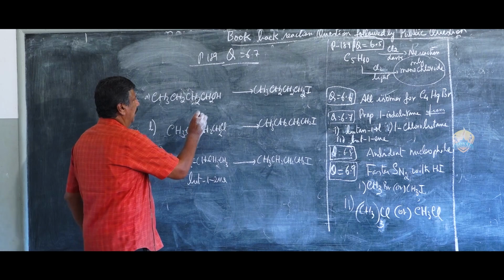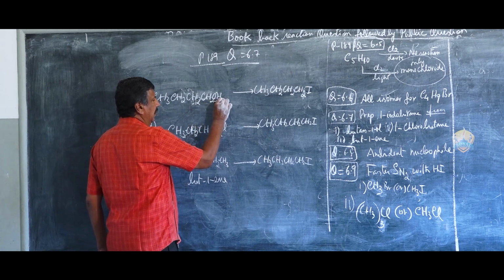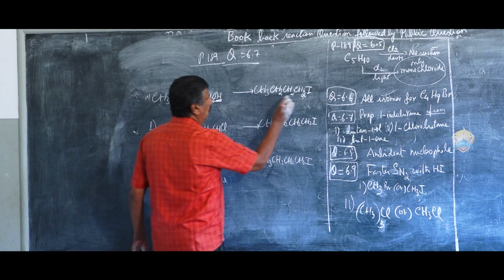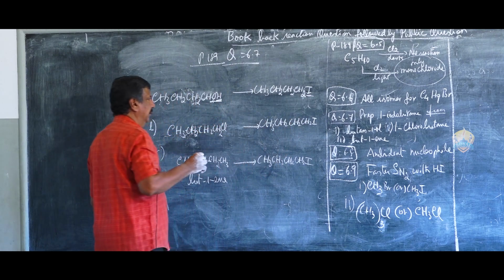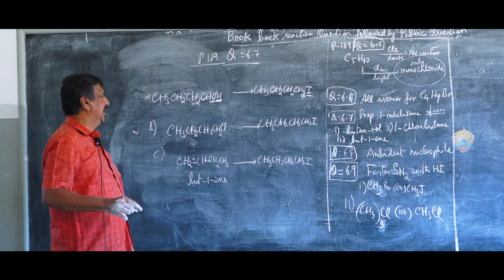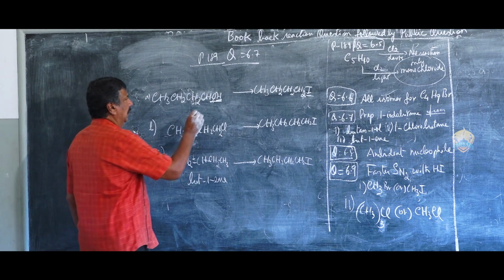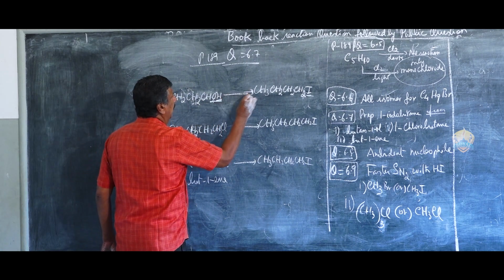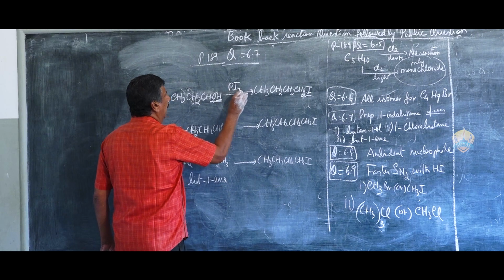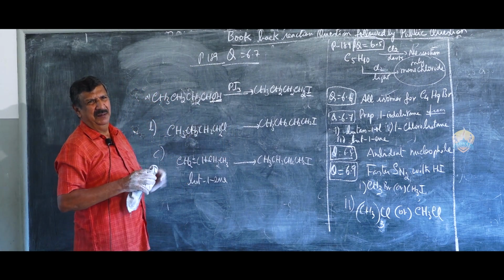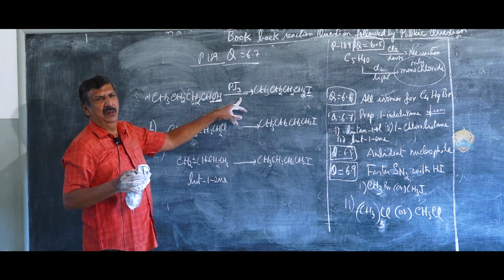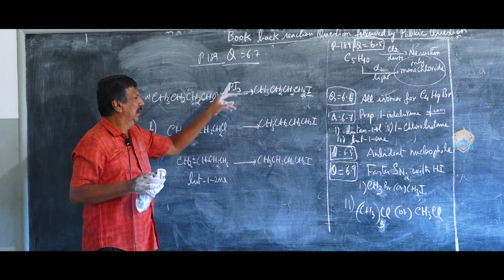Now, you see, OH is converted into I. How can it be done? By adding PI3. You know that PCl3 means OH is converted into Cl.